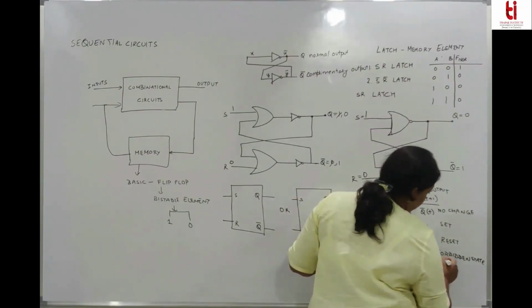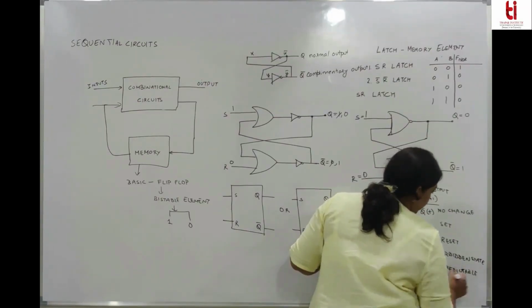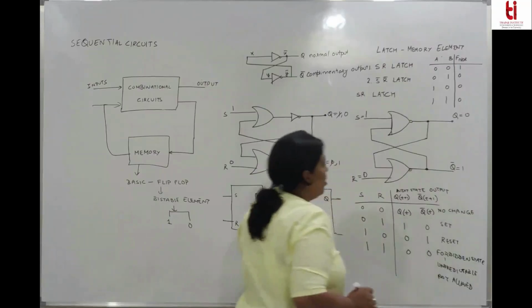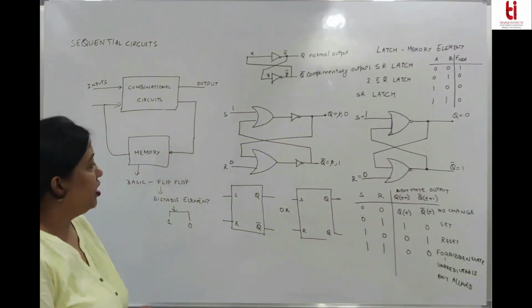It is unpredictable, forbidden, not allowed, anything you can call it. So this state you can see in a latch, this is a not allowed state. We are only allowed to use 3 sets of inputs.